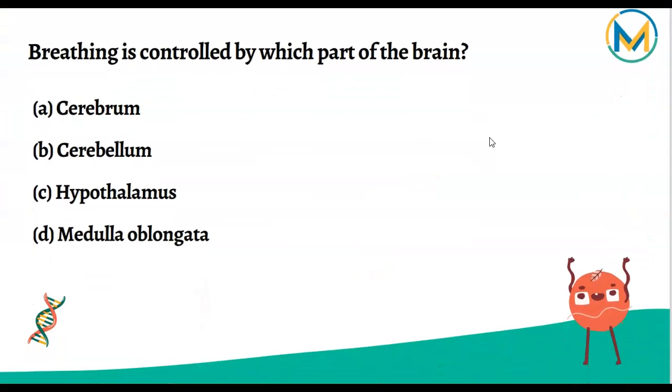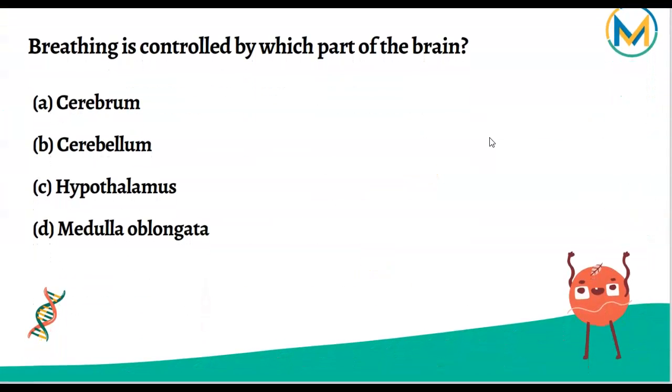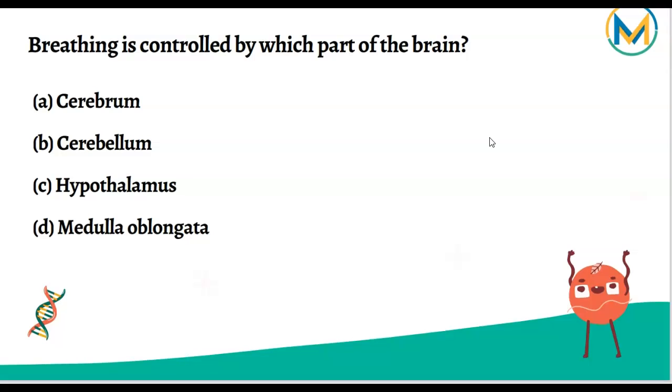The next question, breathing is controlled by which part of the brain? So breathing is an involuntary activity. Our cerebrum is basically responsible for everything related to the sensory organs. Keeping the memory, emotions, learning, your decision making, all that is a function carried out by the cerebrum.